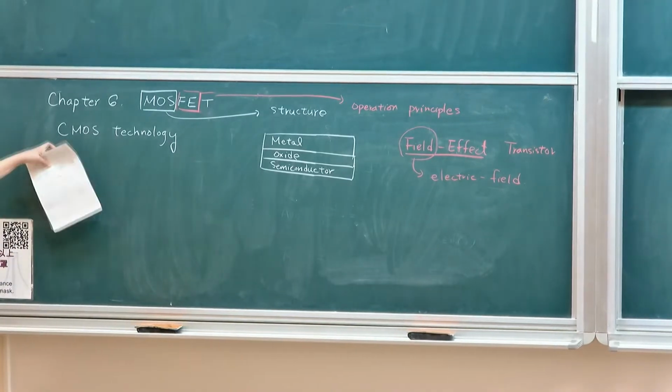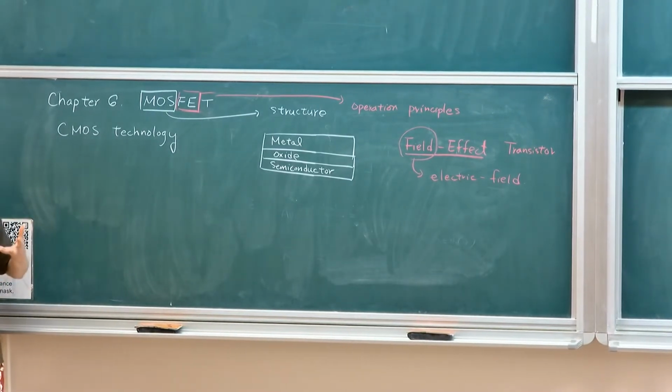As I said, the reason why MOSFET technology is becoming the most prevailing, even in the analog circuit regime, is because CMOS technology has become very powerful. And does anyone know what C stands for?